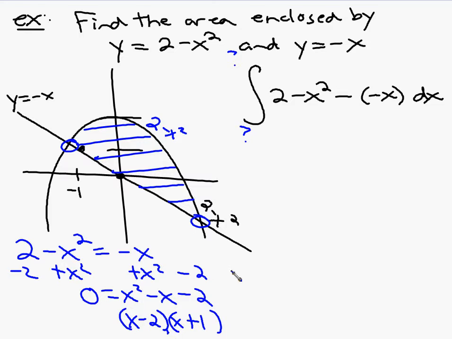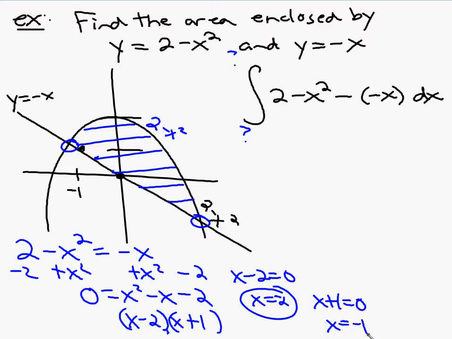You all know how to do that. x minus 2 equals 0, so x equals 2. Set x plus 1 equal to 0, so x equals negative 1. 2 and negative 1 are my limits of integration. Now I've got everything that I need to do the problem. I know that my limits of integration are from negative 1 to 2.